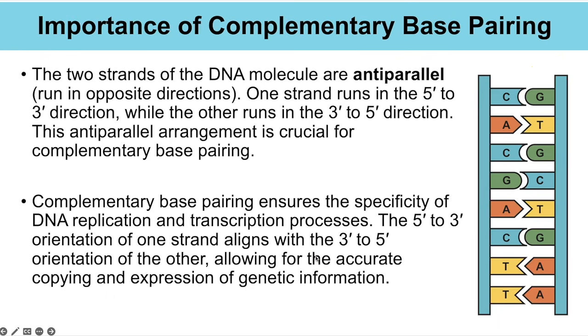Now, the complementary base pairing is important because it ensures the specificity of DNA replication and transcription processes. The 5' to 3' orientation of one strand will align with the 3' to 5' of the other one, and it allows the accurate copying and therefore the accurate expression of genetic information, which means that you have your correct DNA base sequence, which will then code for the correct amino acid sequence.